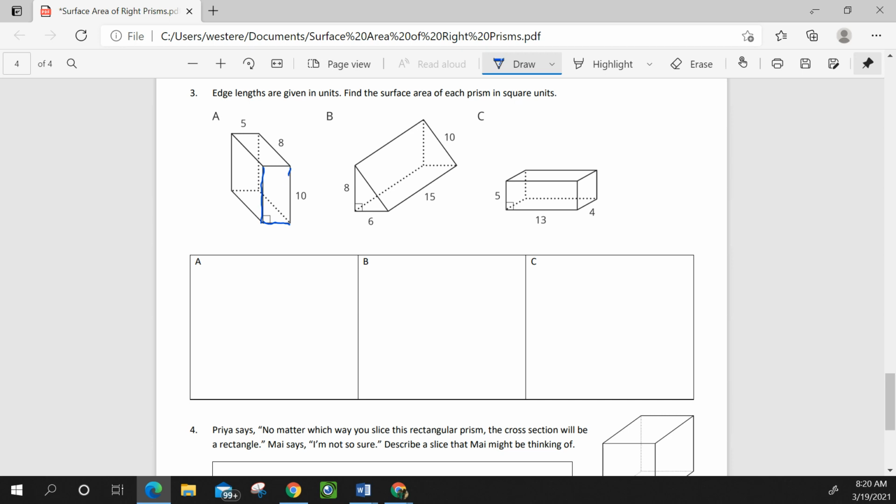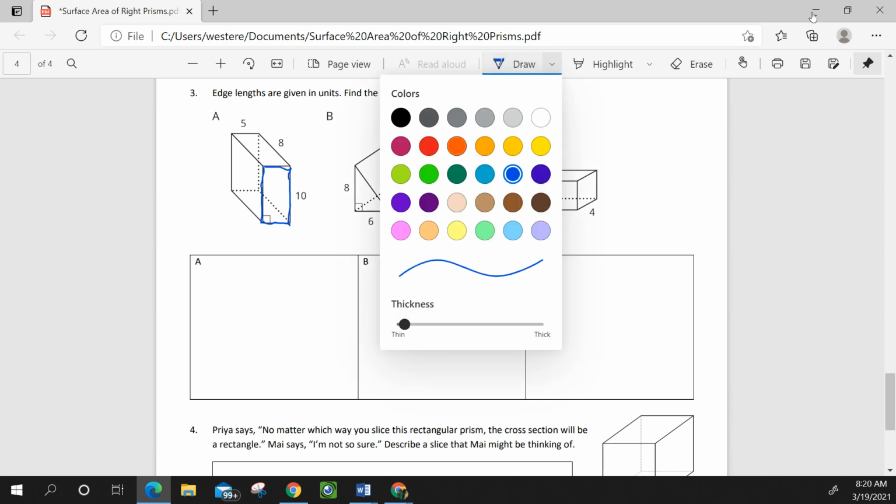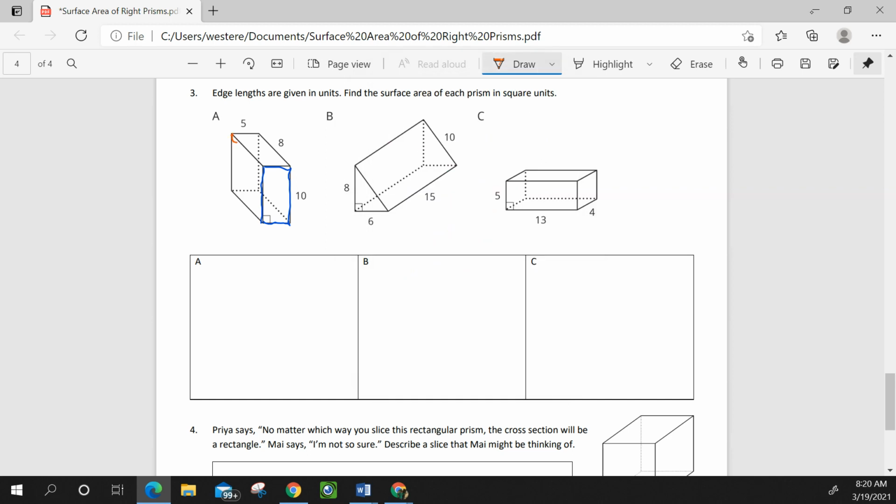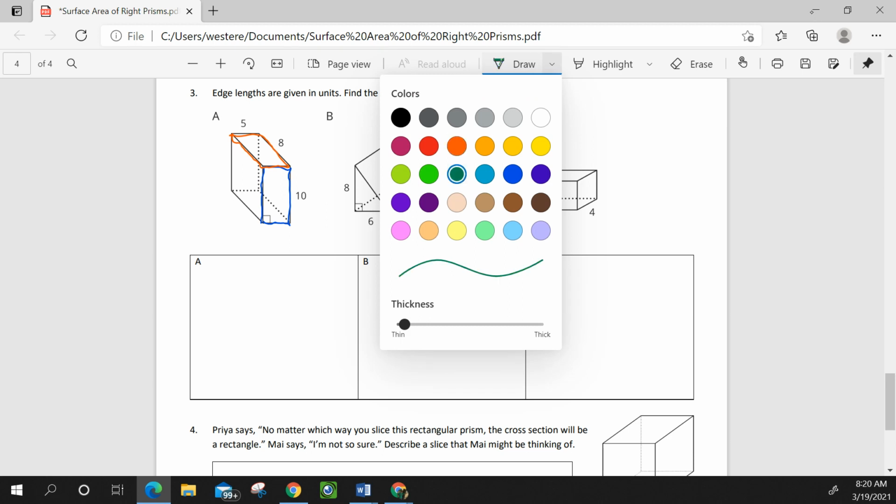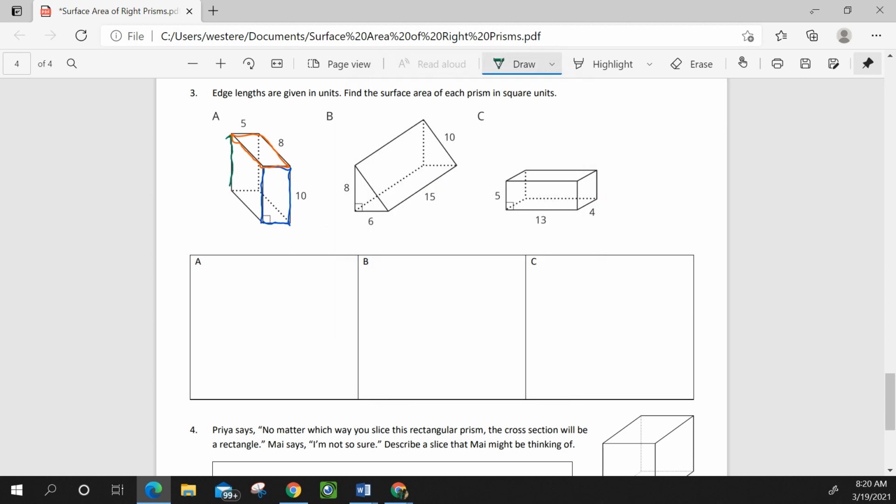So what I'm going to do is I'm going to look at some faces that I can see. This face on the top. See this face on the side. Okay. This is rectangular. So now I have 2 green, 2 orange, and 2 blue. What are the measurements of my green?